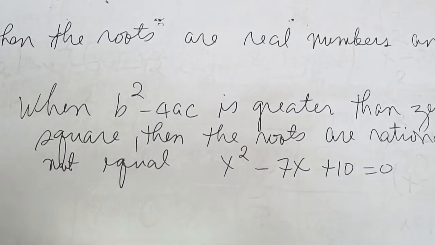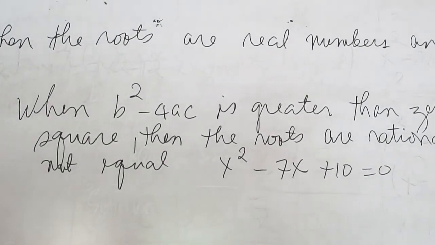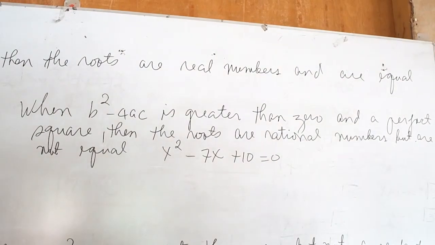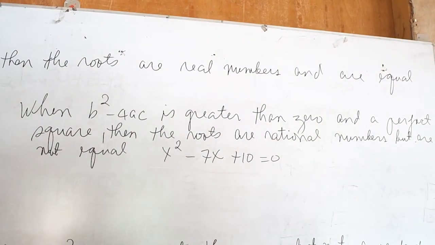For example number 2, when b squared minus 4ac is greater than 0 and a perfect square, then the roots are rational numbers but are not equal.